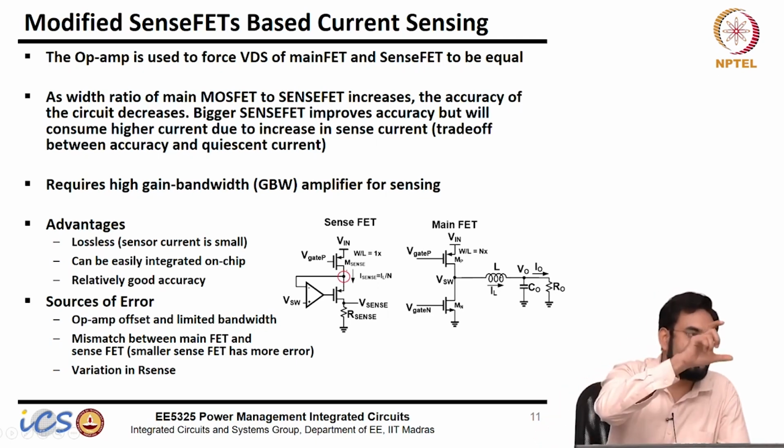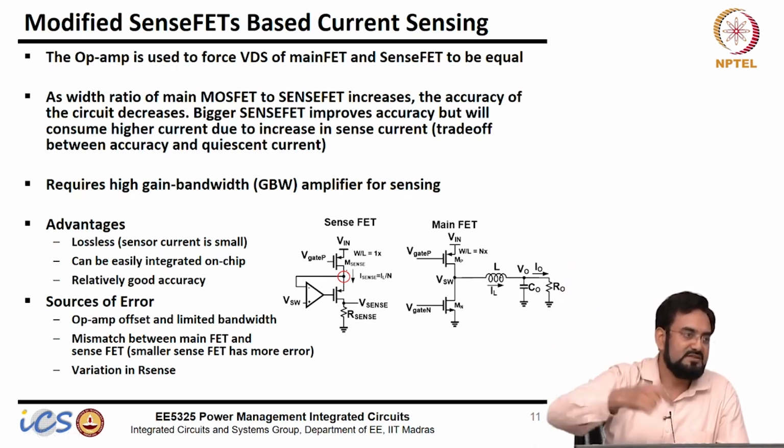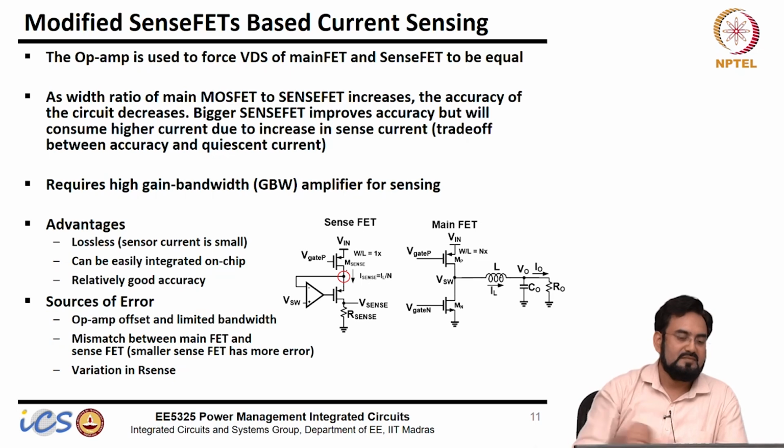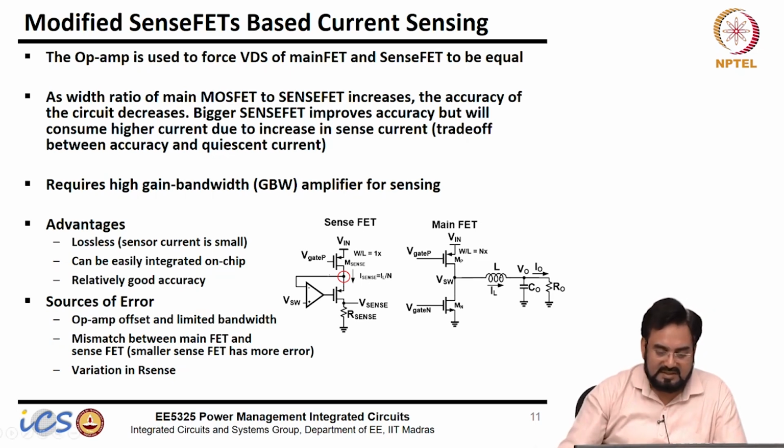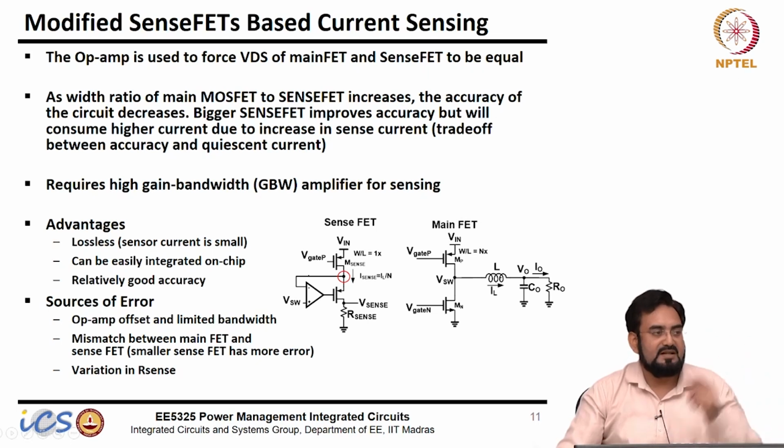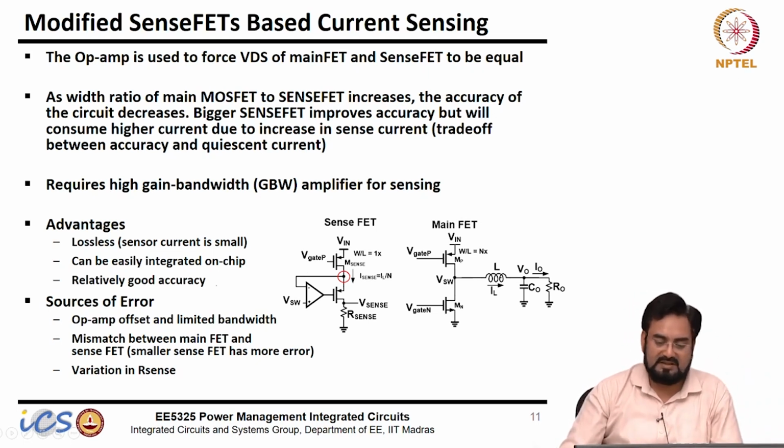The voltage difference is a ramp, because current is rising, so voltage will be a ramp here. This has to track that ramp, and if I am not able to track properly, which means bandwidth is smaller, then I will always have some delta error, and that error will cause a difference in the current, so accuracy will go bad.